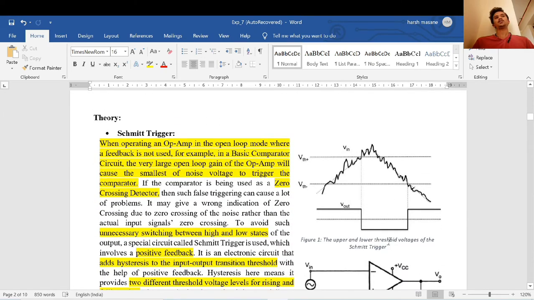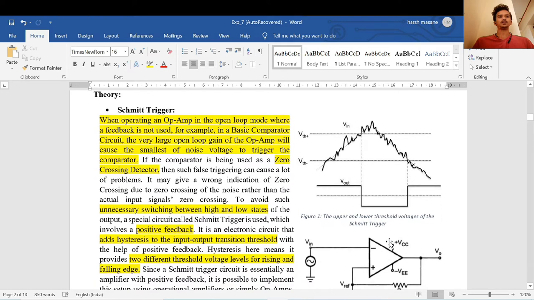When an op-amp is operated in the open loop configuration, where feedback is not present, as we saw in the basic comparator circuit, the very large open loop gain of the op-amp will cause the smallest noise voltage to trigger the output.